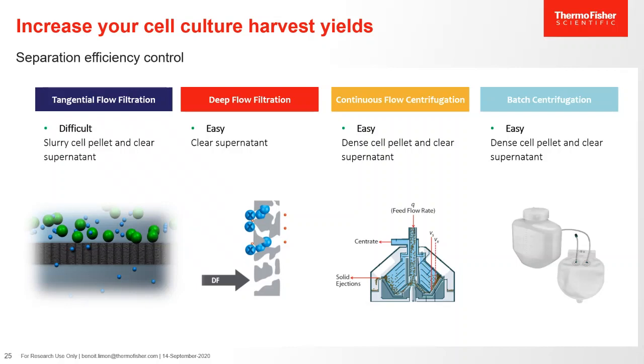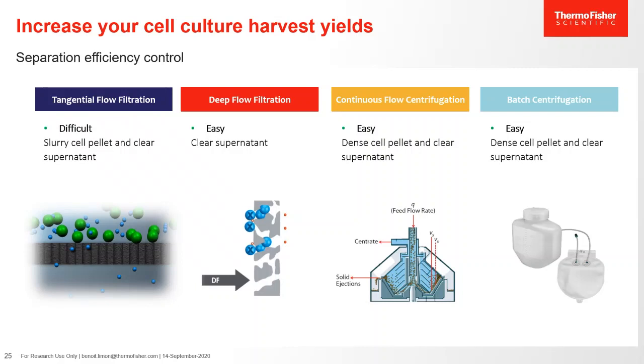When the cell concentration becomes too much, then this process is ending. So this indicates that the cell pellet is still containing some supernatant and the recovery is not fully optimized.